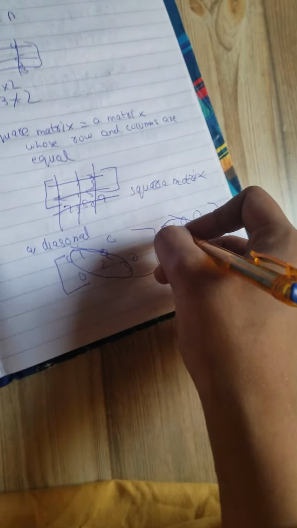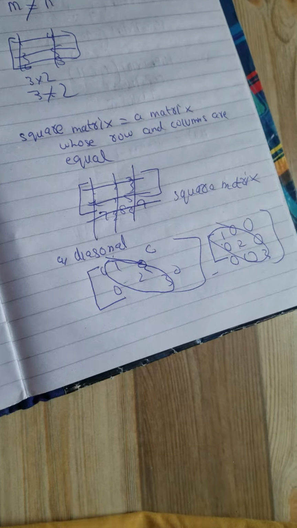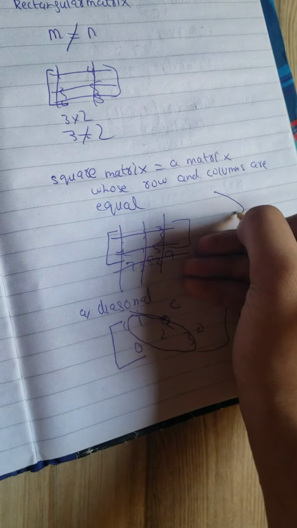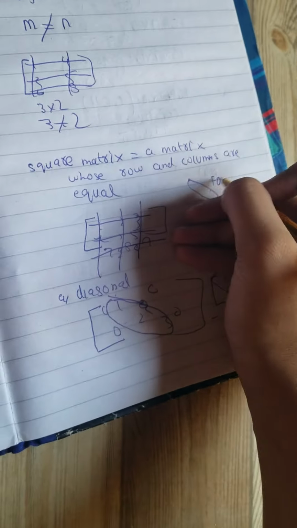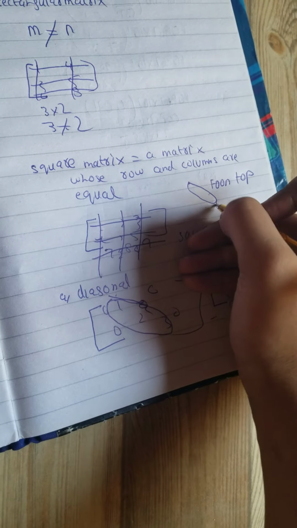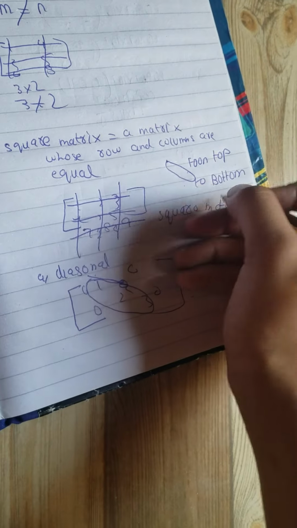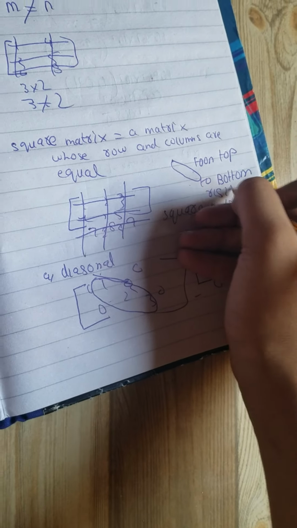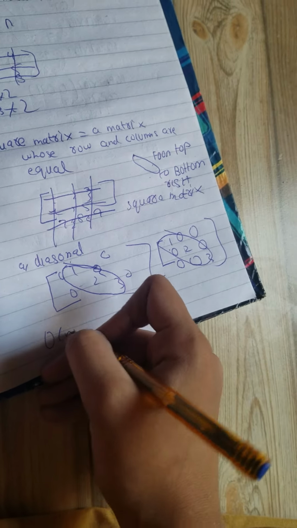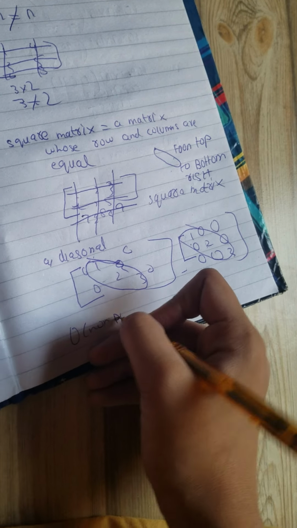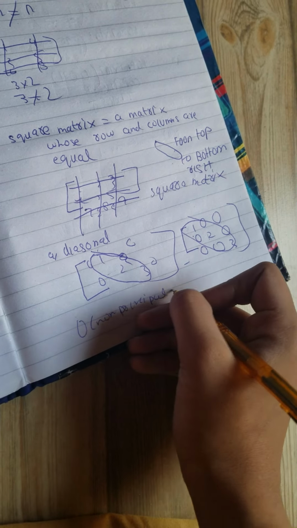The common is that we take the diagonal from top to bottom right. Or we can say that 0 is a non-principal diagonal element.